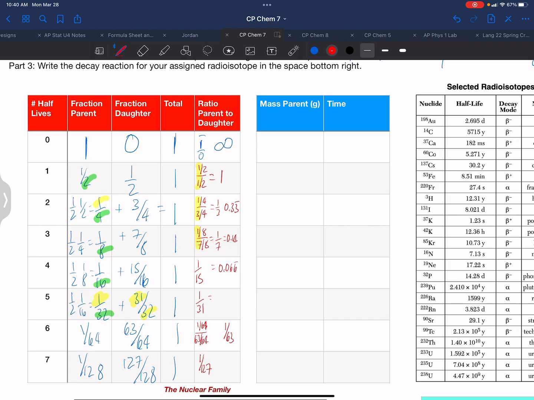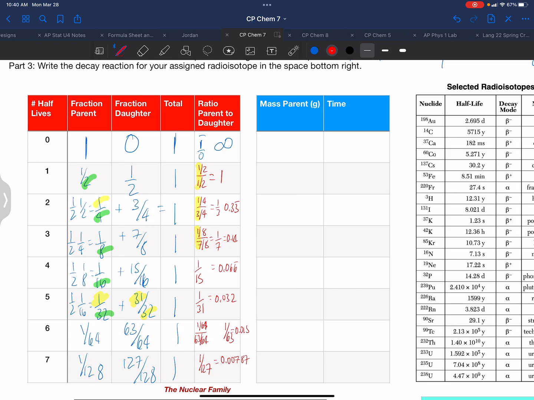And 1/31, which is 0.0322. And 1/63rd, which is 0.015. And we have 1/127th, which is 0.00787. So that is the red table.